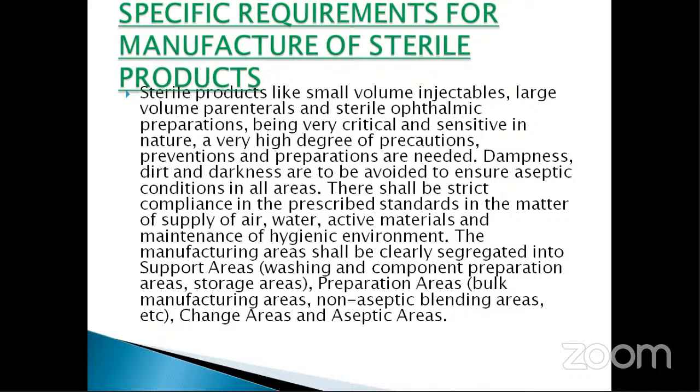Air handling unit supplies the air either vertically or through the horizontal way. And when it supplies the air in the manufacturing room, it supplies the air through a filter. That is a HEPA filter, HEPA, high efficiency particulate air filter. So it removes the bacteria and other microbes, pathogenic organisms and dirt particles to make the manufacturing room free from such areas.